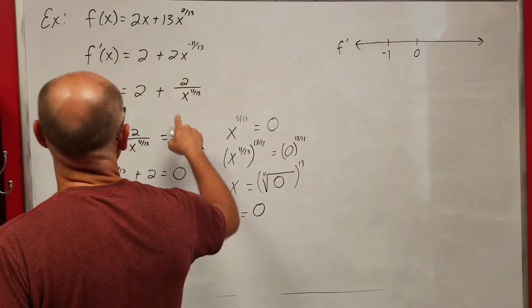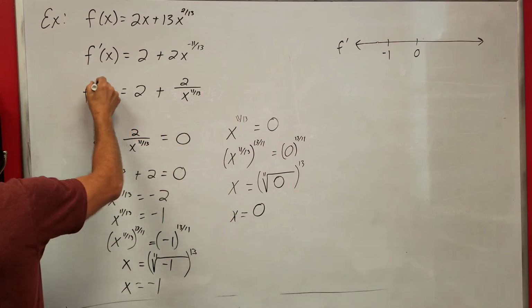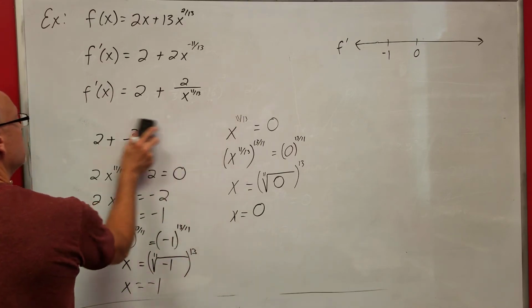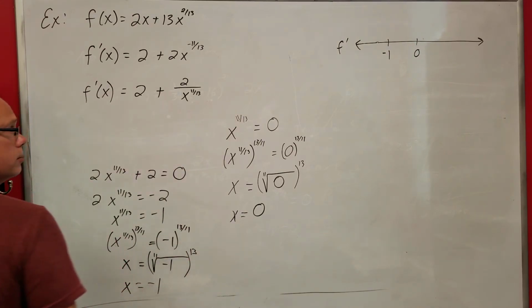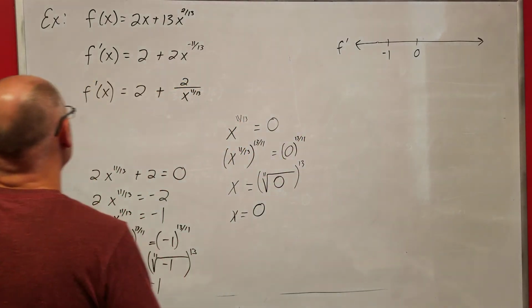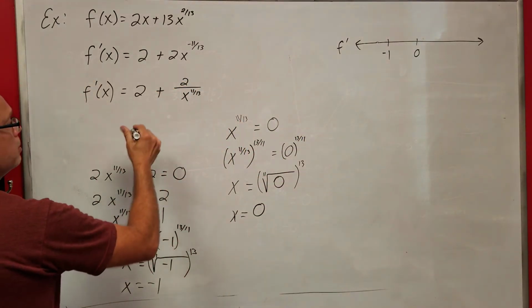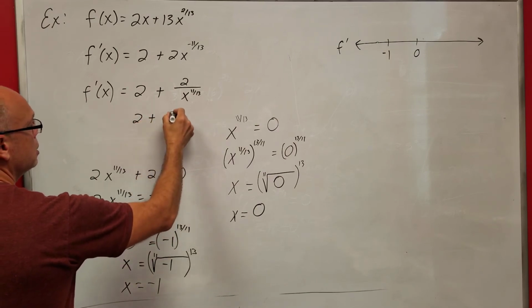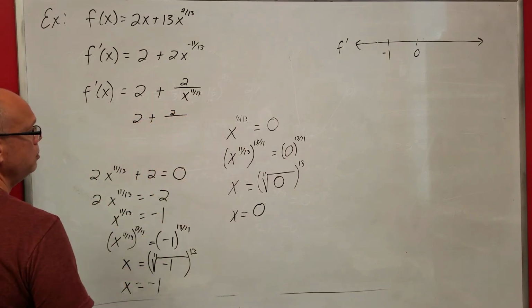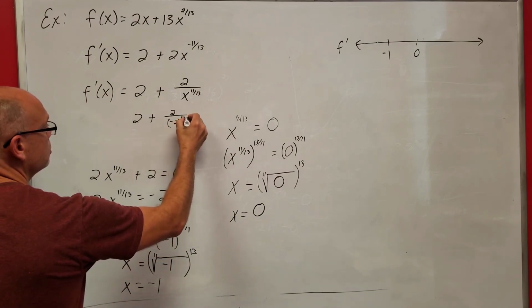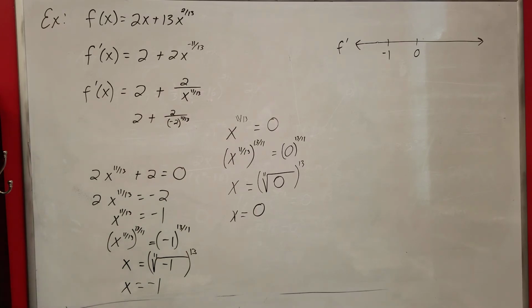I'm going to use my derivative function here, f prime of x, and let me run some test values through here. Let's pick a value over here, maybe like negative 2. What happens if I input a negative 2? Well, this part is positive 2 plus 2 over negative 2 to the 11 over 13.